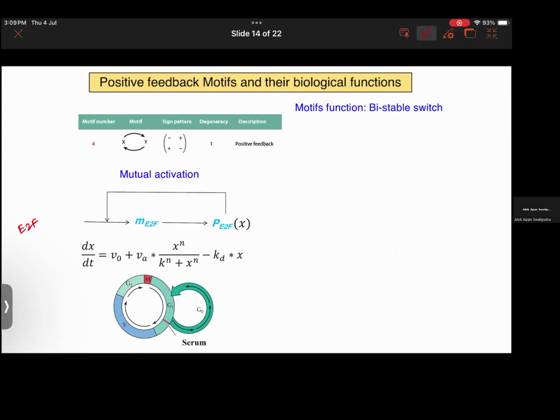Okay. And how does it work? So you have the mRNA of E2F. From that, the protein of E2F will be made. And this E2F is special in the sense that this E2F protein can enhance the production of its own mRNA.